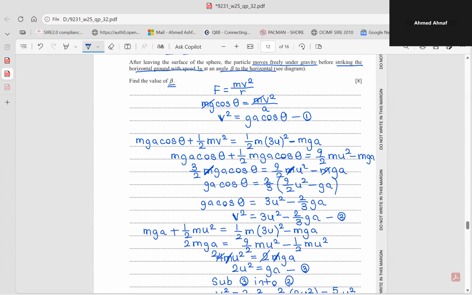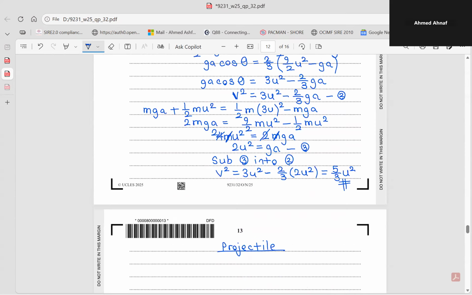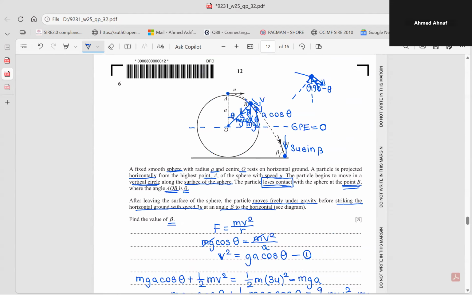I think it's better if we just consider the horizontal speed, because the horizontal speed remains constant. So the horizontal speed, this V, is just going to be V cosine 90 degrees minus theta.